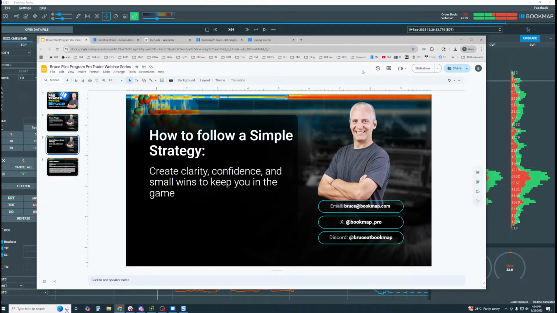Or I suggest that you take that off your chart, or look at this in more detail, or trade in replay a little bit longer before moving into forward testing. These kinds of things keep you on track to building that clarity and confidence. Small wins, just small wins right now. Just stay in the game.